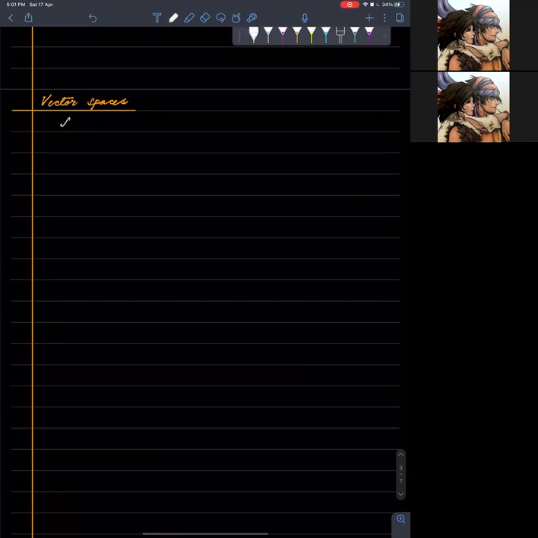So a vector space is a quadruple (V, F, +, ·) where V is a set, F is a field.